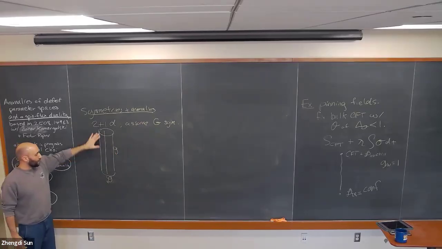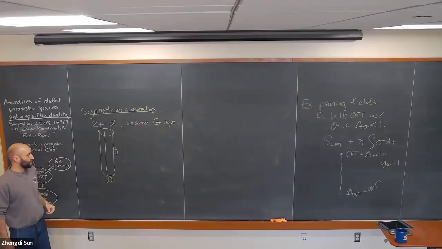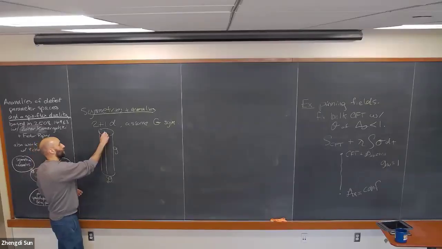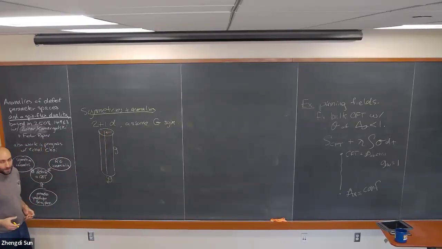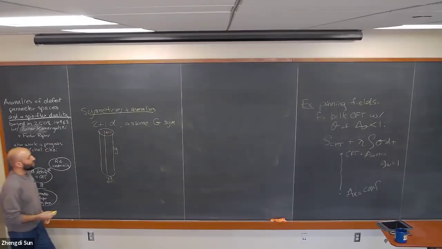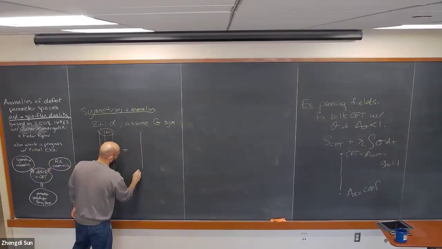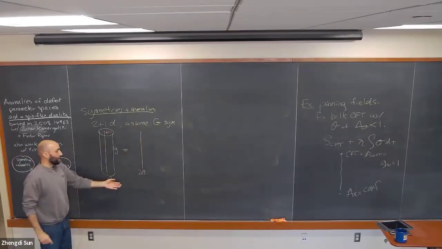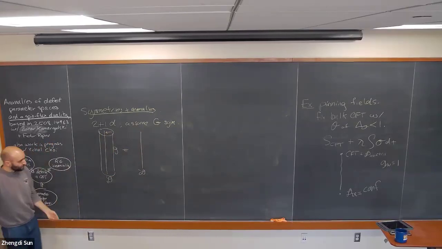So I'll write little g to label the surface operator. And the requirement that the line defect preserve the G symmetry amounts to the requirement that when you take a sort of cylinder of this topological surface and you collapse it on the line, then you should get the same line defect that you started with back. Okay.